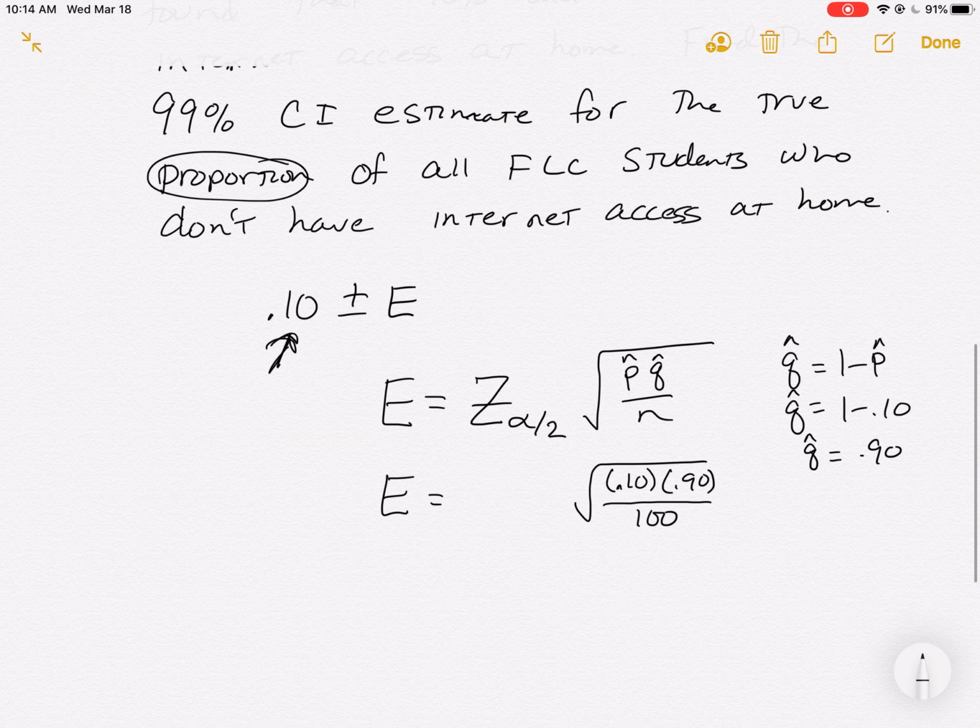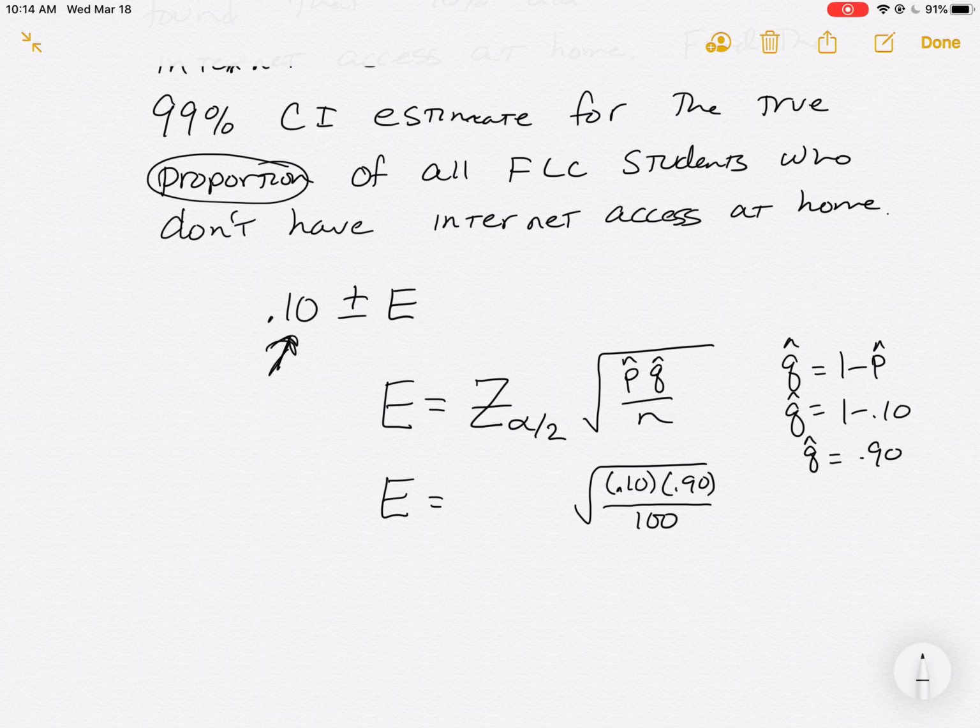So the only thing left to do is find out what this z alpha over 2 is. Now, I'll show you how to do that in a different problem. But the z alpha over 2 for 99% is going to be 2.575. So if I could get you to easily look up that, and it is an easy lookup, then you'll be set.